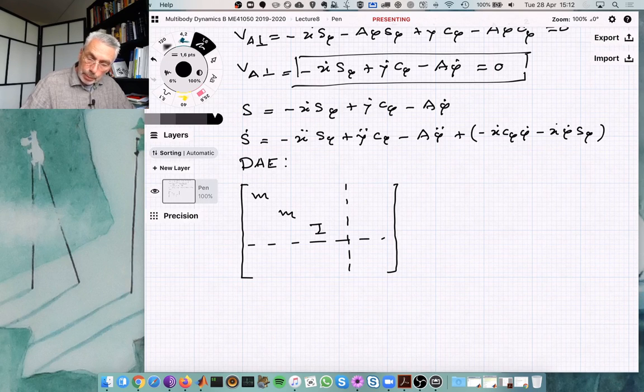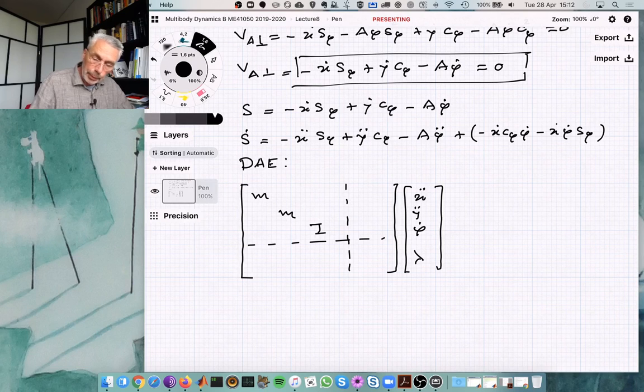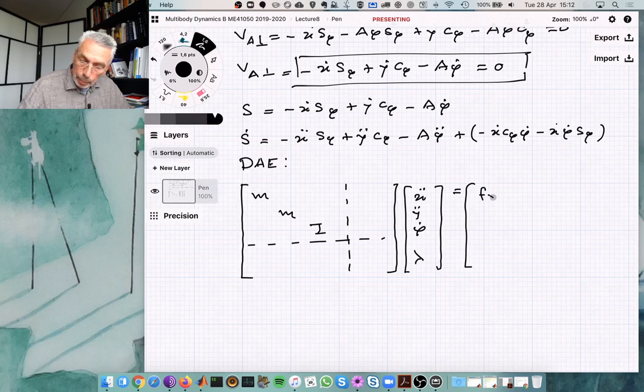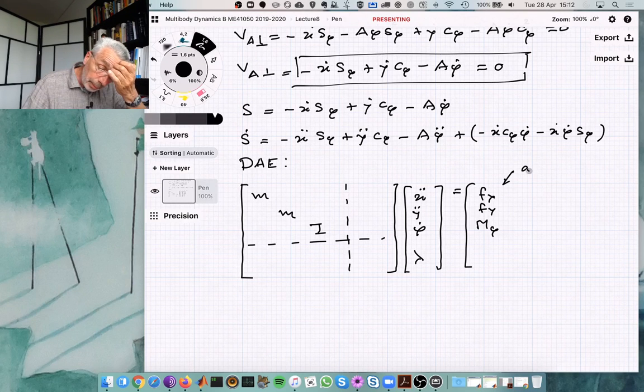So mass times acceleration, and the acceleration is x double dot, y double dot, phi double dot. Then we have only one Lagrange multiplier, lambda. That is the force perpendicular to the skate, of course. Then equals, so let's form first the equation of motion. Mass times acceleration equals the applied force, Fx, Fy, and the torque which you apply. So that's all at the COM, at the CM, of course.